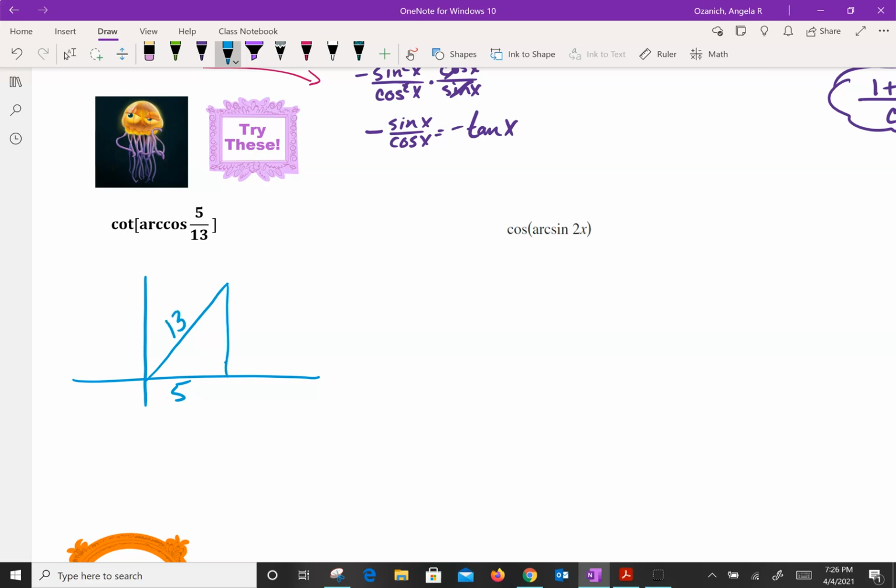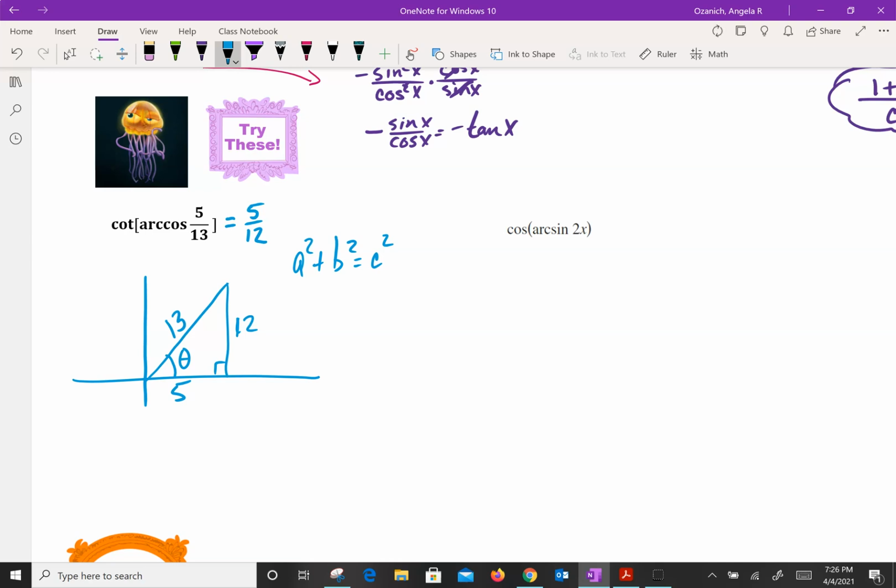The adjacent over the hypotenuse is 5/13. You're using a little Pythagorean theorem, a squared plus b squared equals c squared, to solve for the third side. In this case, it is a Pythagorean triple. And so the cotangent of your angle is equal to the cosine over the sine, and our answer for this particular problem looks like it is going to be 5/12.